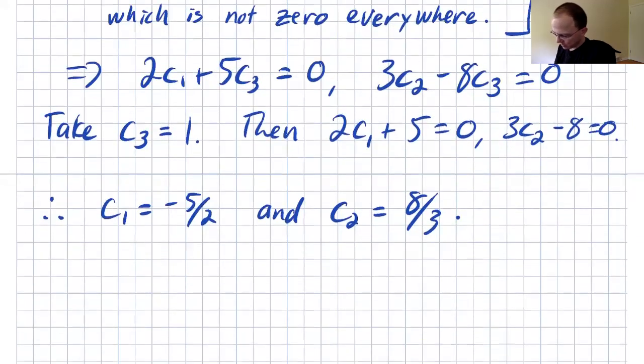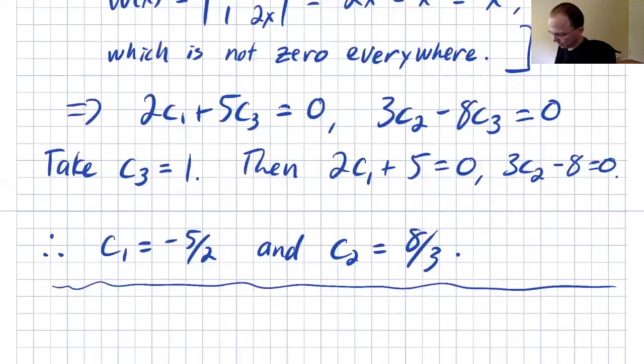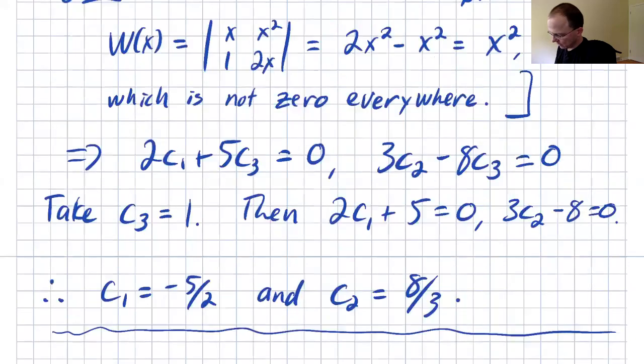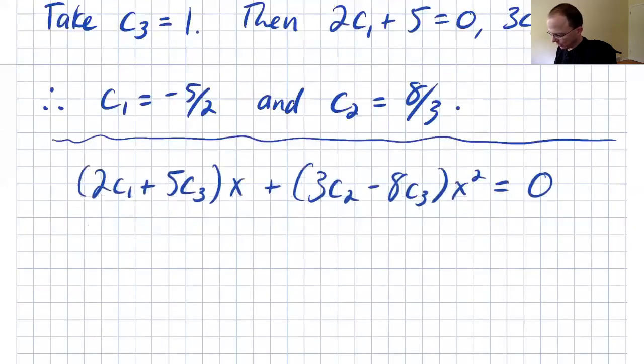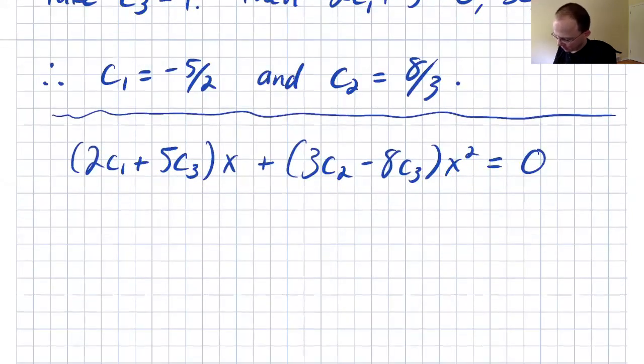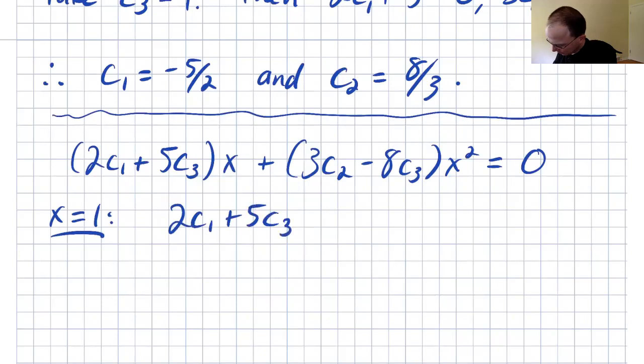Let's explore quickly this other approach that I proposed. Let's have a look again at this equation. If you're not feeling so great about that Wronskian argument, here's another approach. This has to be true for all x, so we could plug x equals 1 into it, and we would get 2c1 plus 5c3 times 1 plus 3c2 minus 8c3 times 1 equals 0.